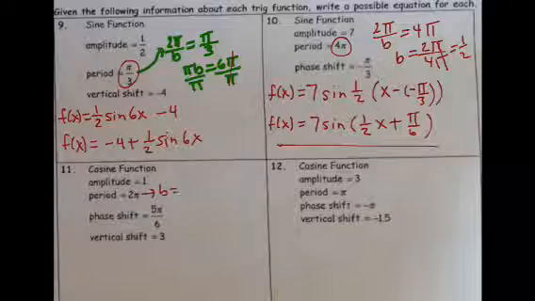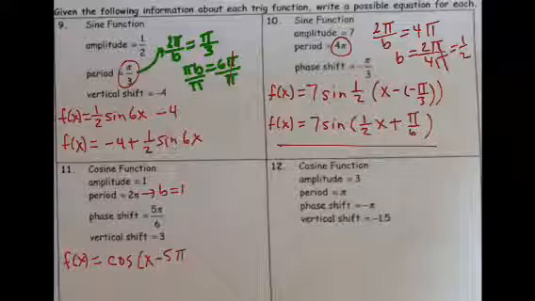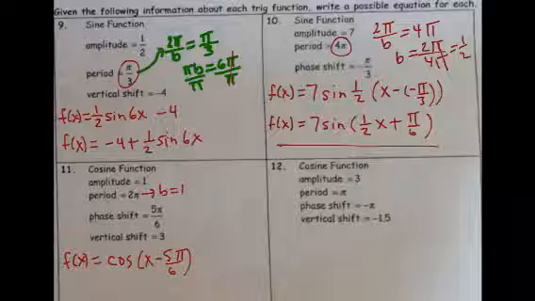You know that, right? Because 2 pi is the normal period, the normal cycle. So we have f of x equals, amplitude is 1, so it's going to be just cosine x minus 5 pi over 6. Vertical shift is 3 plus 3. And that's it for that one.